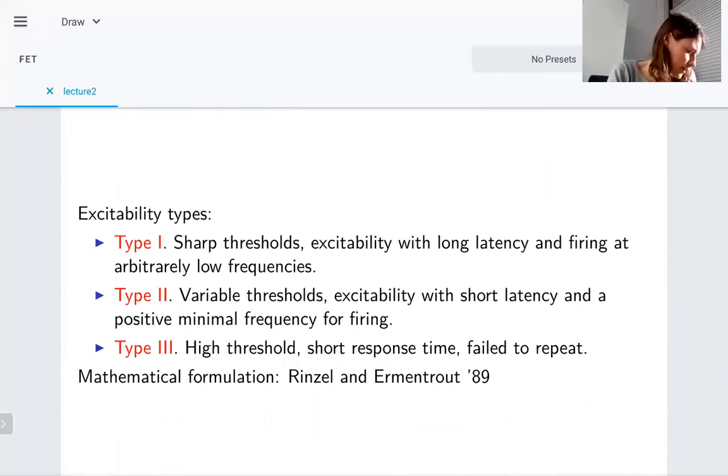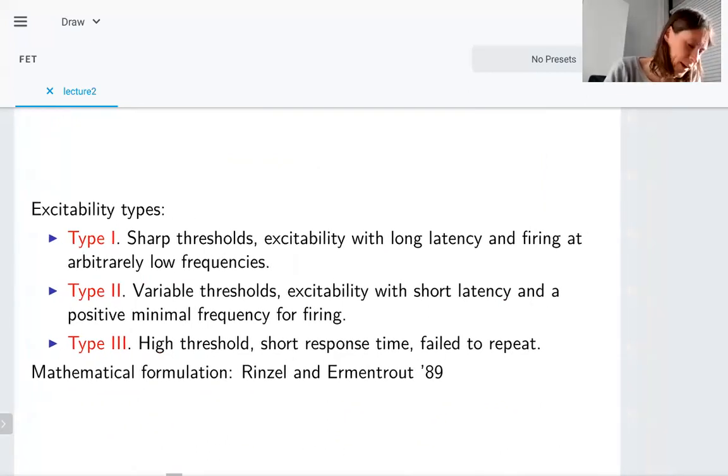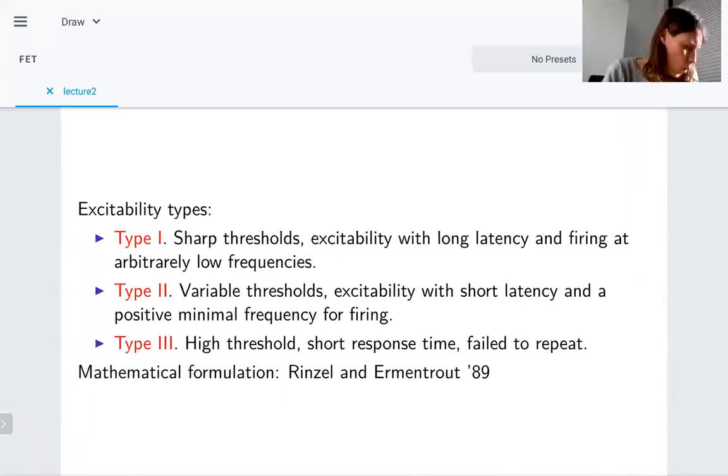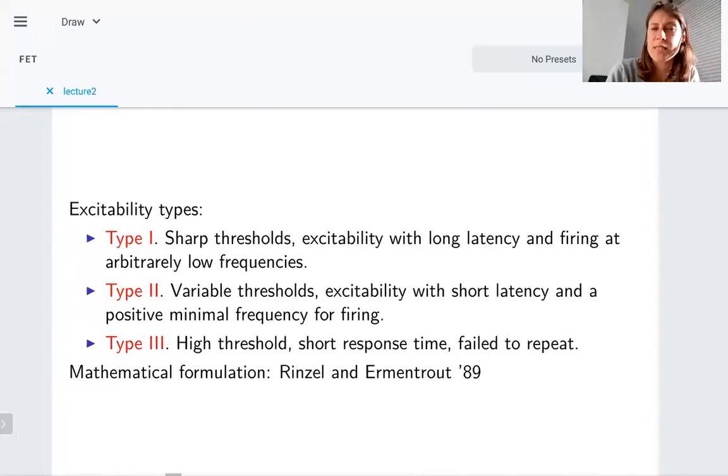Just saying, type 1 or class 1 had sharp thresholds, excitability with long latency, and firing at arbitrarily low frequencies. While type 2 showed variable thresholds, don't worry about this, excitability with short latency, so the spike appeared very soon after the injection of the current, and a positive minimal frequency for firing.